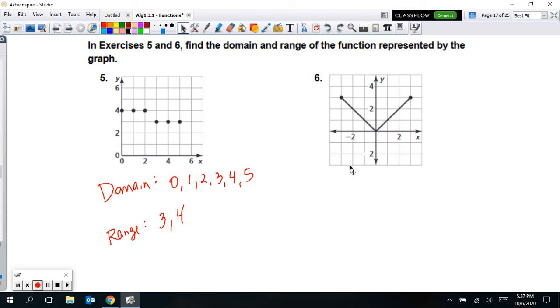Okay, for number 6, we're looking for the domain first. Our domain is going to be between -3 and +3, because there's our points. The first one starts at -3, and the second one ends at +3, and it continues between those two numbers. So we write our inequality out with x in the middle between those two numbers.